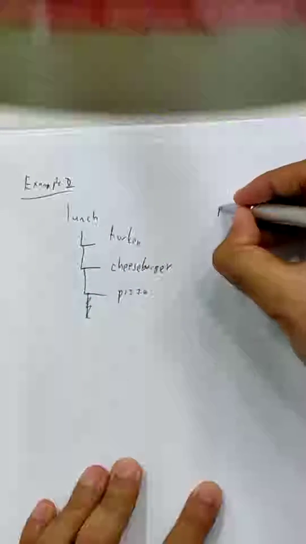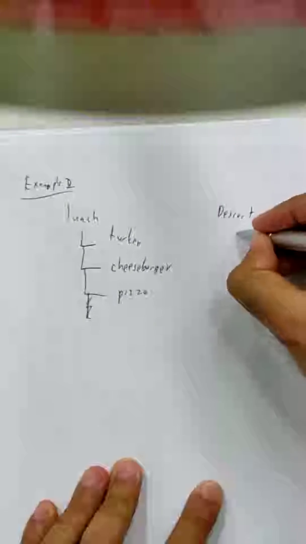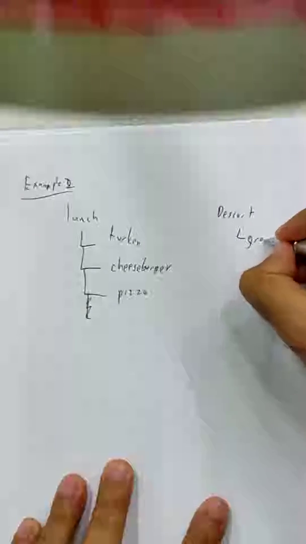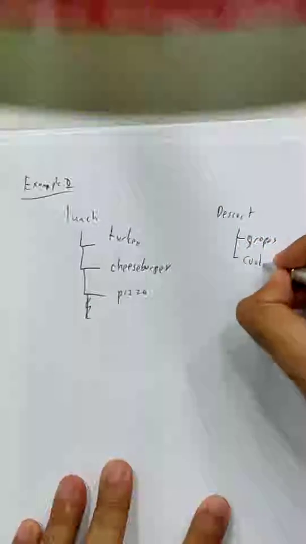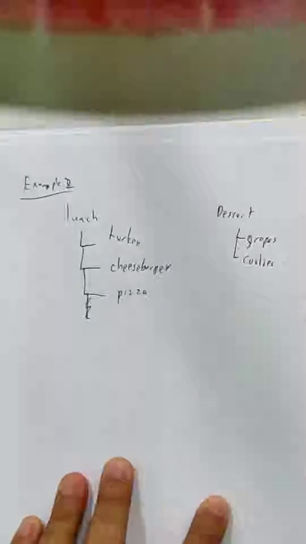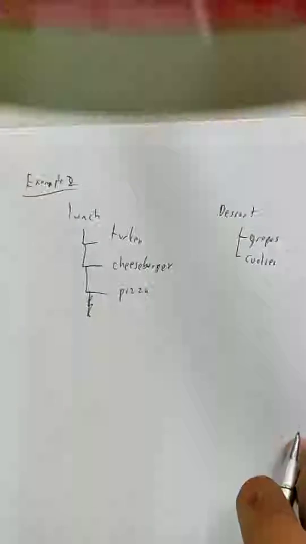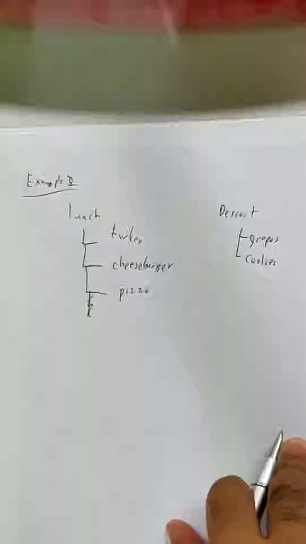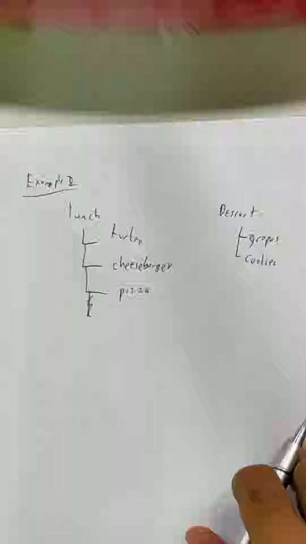And then let's say after that you get the chance to have desserts, which is grapes and cookies. And you can only have one of those. How many ways can you have your lunch and dessert? You want one of each. How many arrangements can you have?